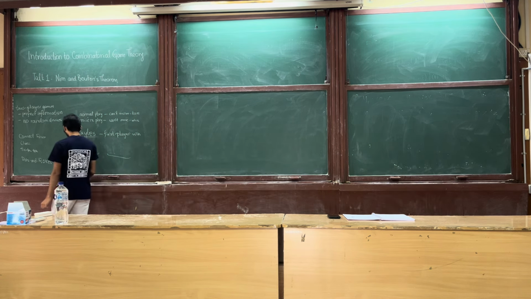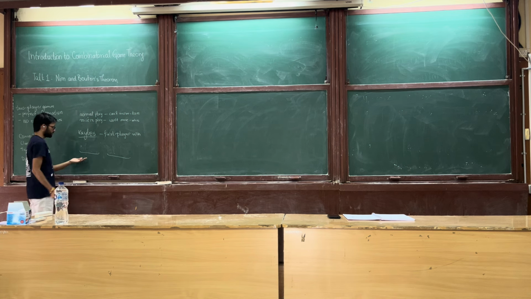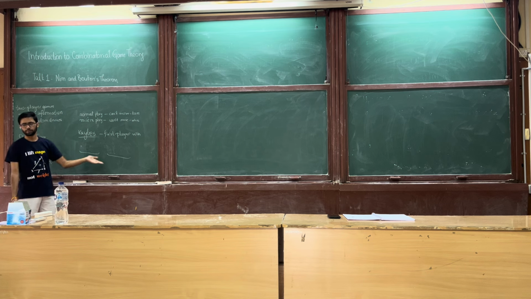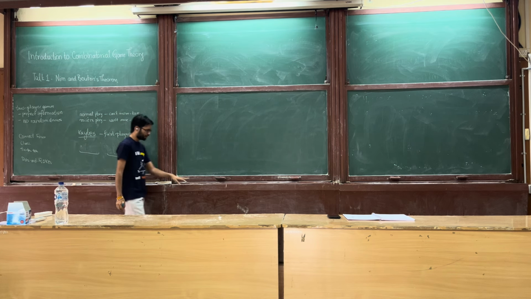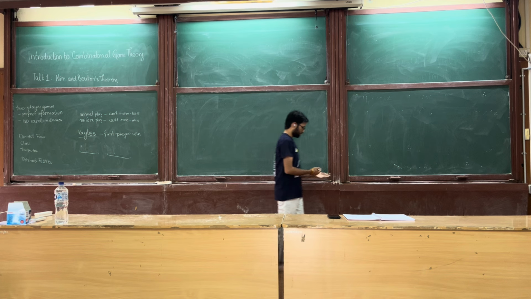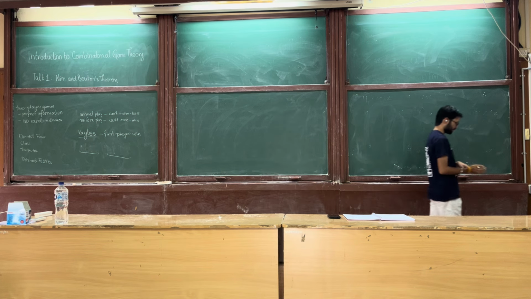Okay, and this symmetry argument is very common in math, and in combinatorial game theory, sometimes it's called the mirror image strategy, or the Tweedledum-Tweedledee argument, and that is a very funny name.